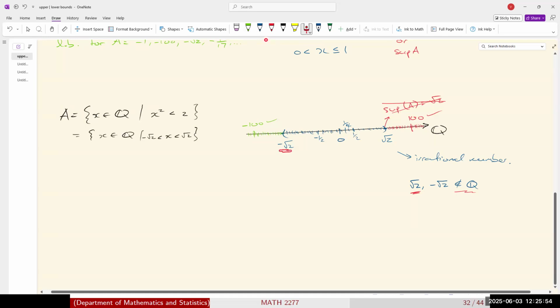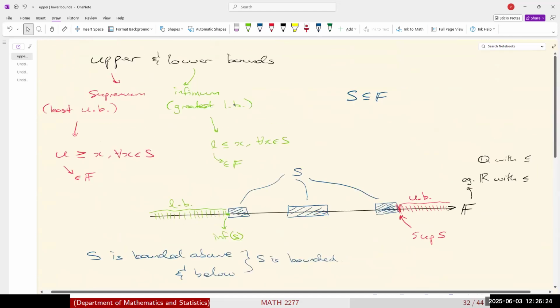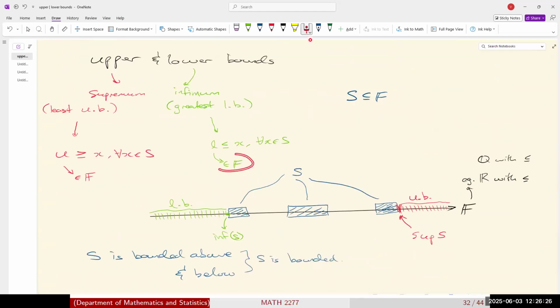And if I try to make a lower bound, well, first of all, I should say that these numbers, minus root 2 and root 2, so this one is not a lower bound for A. And this one is not an upper bound for A. Because in order to be a lower bound and an upper bound, right, you need to belong to the underlying field.